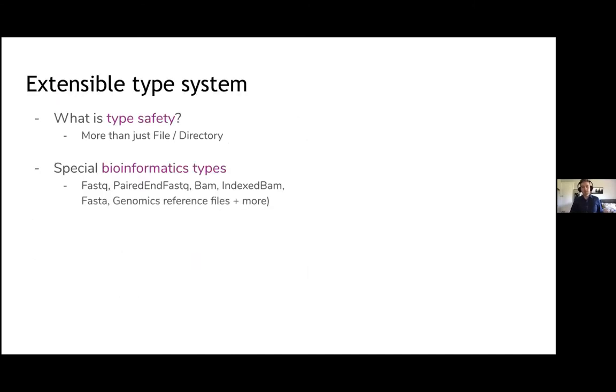So we talked about the type safety, and it's more than just a file or directory. In Janis, we have special bioinformatics types like FASTQ, paired end FASTQ, BAM, index BAM, and references, and so on, which means when the output of a tool is annotated with a BAM and our second tool is expecting a VCF, we know immediately that this connection probably isn't right, and we can tell you that.